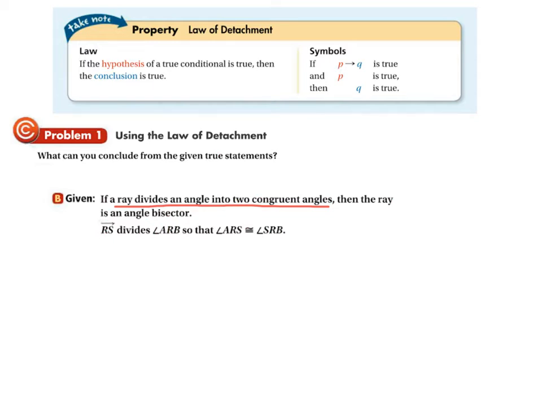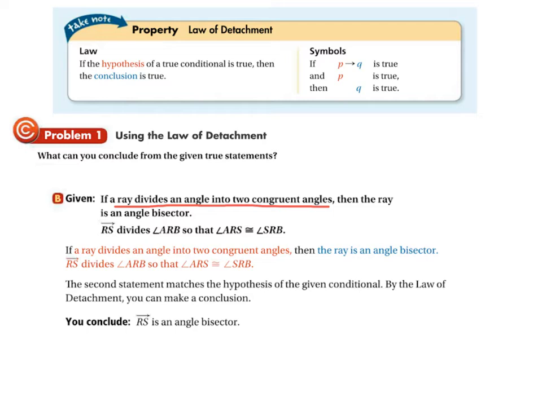What can we conclude? The second statement matches the hypothesis, so by the law of detachment, you can make the conclusion that ray RS is an angle bisector, as they said here.